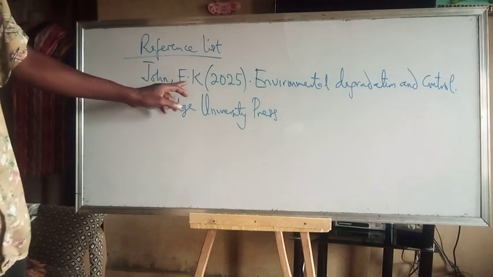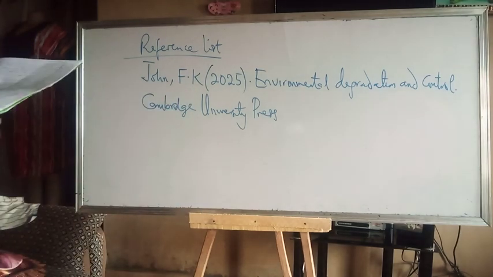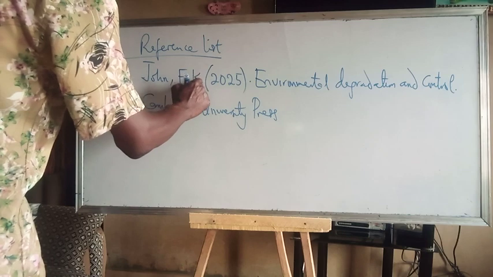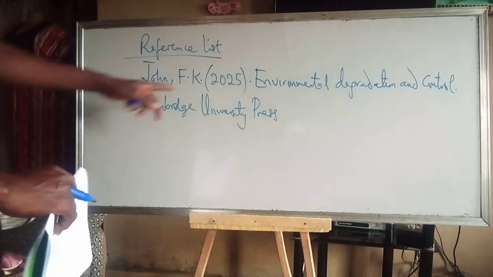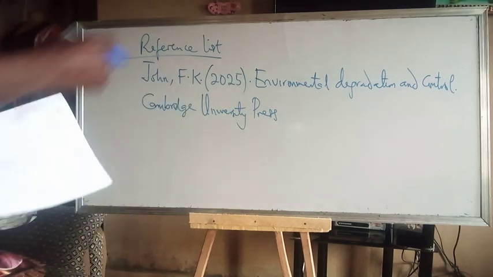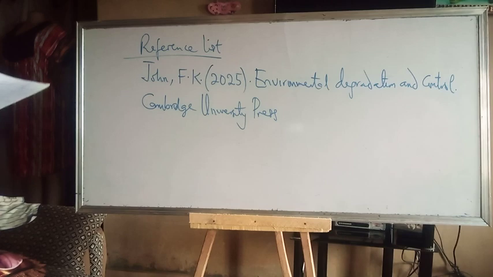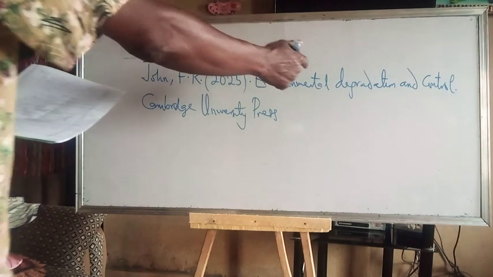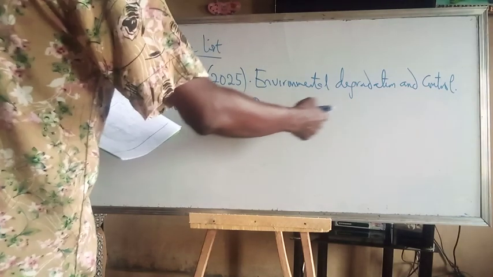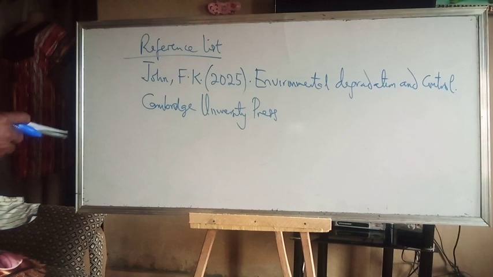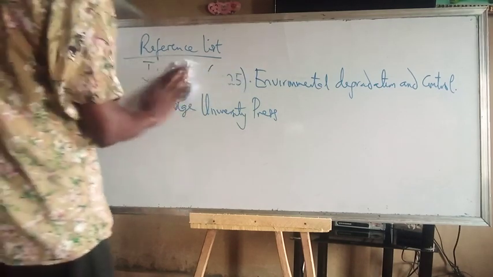John, F.K. And please don't forget there must be full stops here too, because K is an initial. Then Environmental degradation and control. Then Cambridge University Press. Now that is the American Psychological Association style.